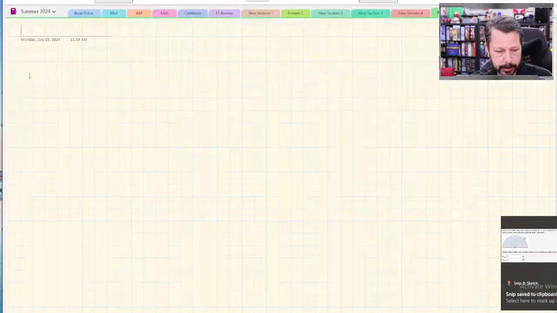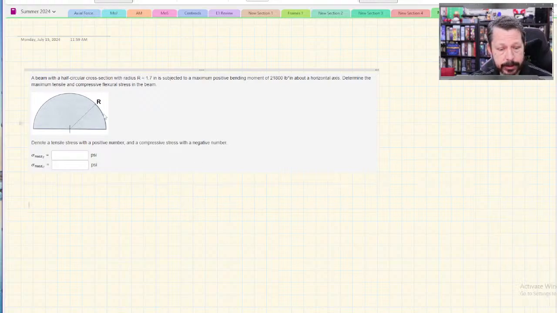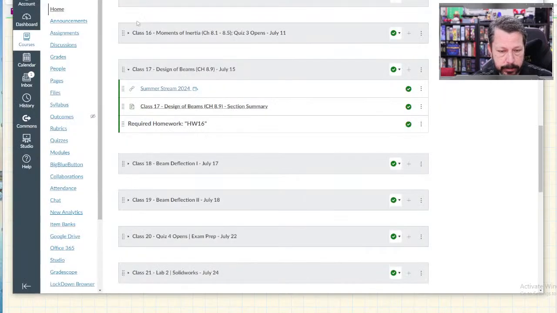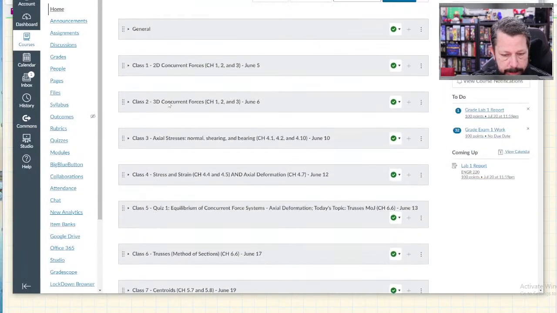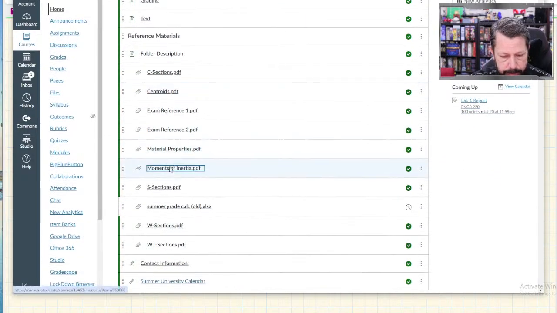All right. So we are going to need our charts that show the moment of inertia for a half circle. So let's go find those. I would have those stored away over here, I guess. Let's see. Moments of inertia right here.